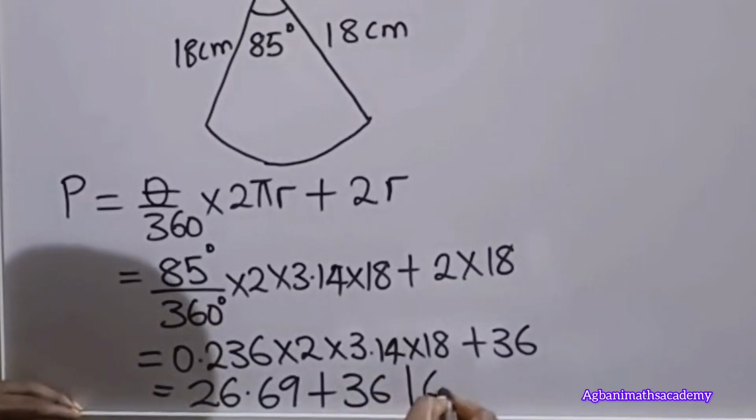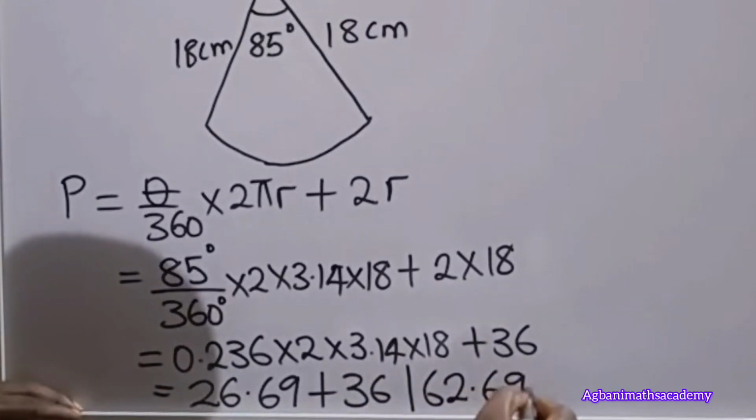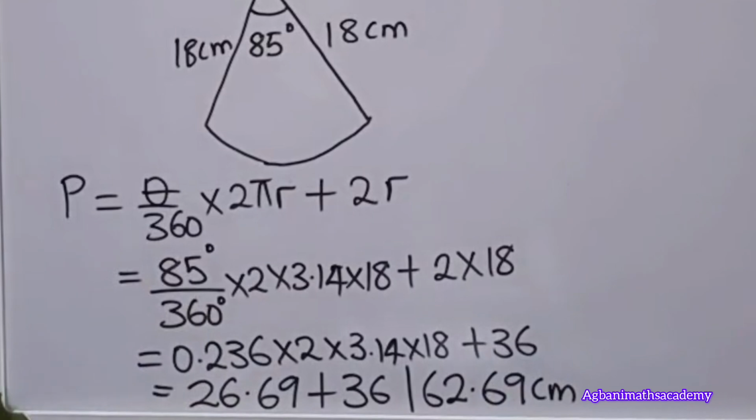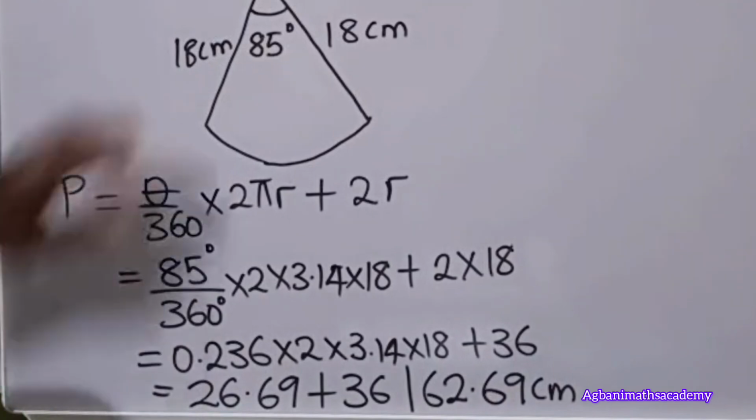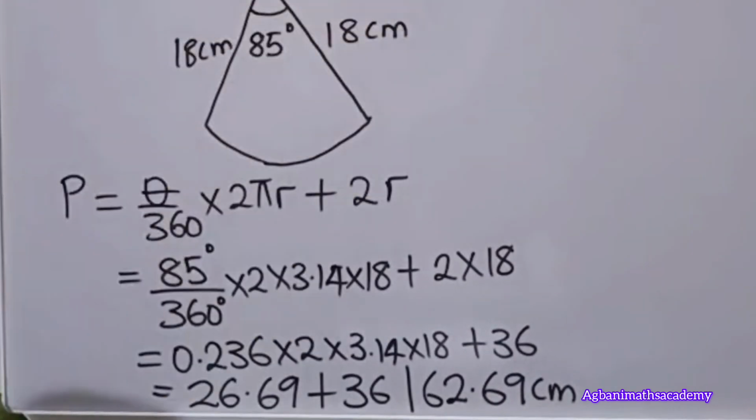So the answer is 62.69 centimeter. The perimeter of this sector is 62.69 centimeter. The perimeter of this sector is the sum of these two radii plus the arc length. That's the perimeter. We're going to look at another example.